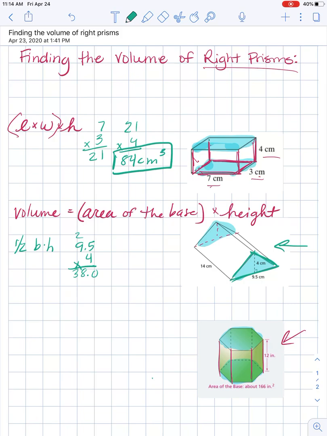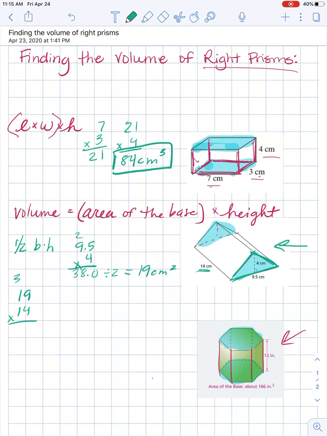So we can multiply by 1/2 or simply divide by 2, and we get 19 centimeters squared for the area of the base. Now that we have the area of the base, we can multiply by the height. So 19 times 14.